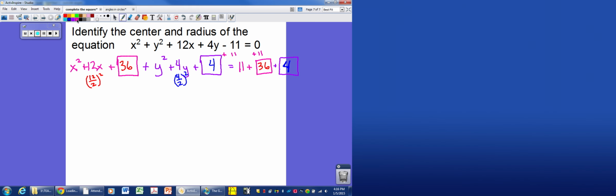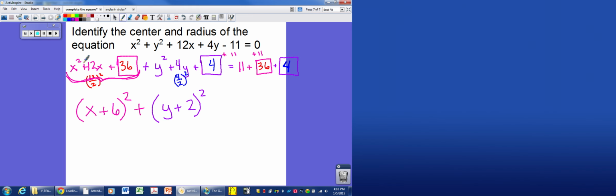Okay. So now that I've gotten all my things done, I have perfect square quadratics. What numbers multiply to give you 36 and add to give 12? That's 6 and 6. And the purple, what numbers multiply to give you 4 and add to give 4? That's 2.